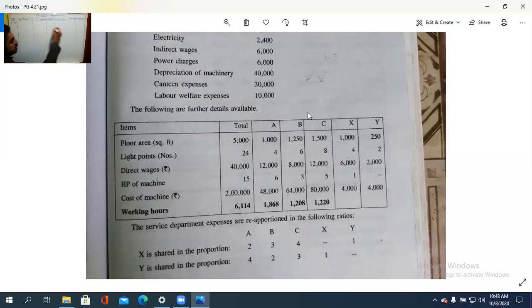So that direct wages, how much is it here? 8,000 is the total. This is allocation. Allocation 8,000: 6,000 for X and 2,000 for Y. Direct wages.